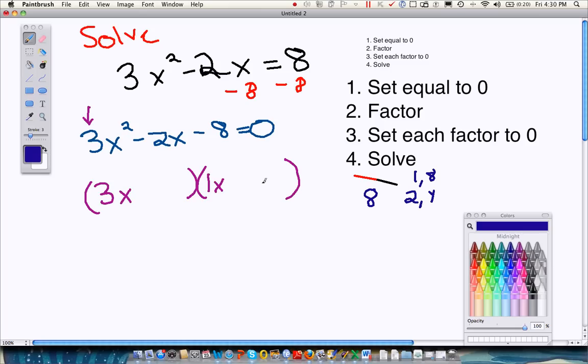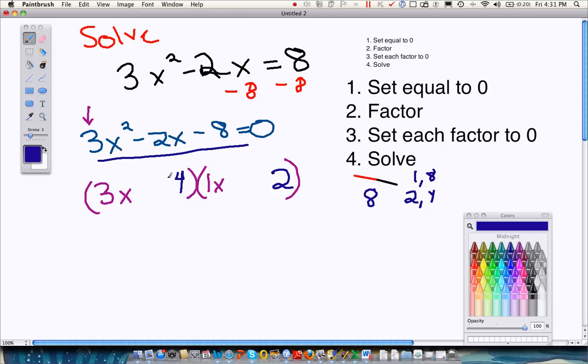And what I want to happen is, if I were to FOIL this or remultiply it, I want to come back out with this product right up here. So I've got to play some guessing games. After you practice these for a long time, you do tend to get good at seeing them. If I put 4 and 2 in there, that's going to help me.